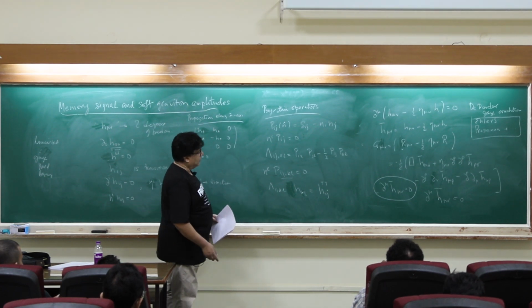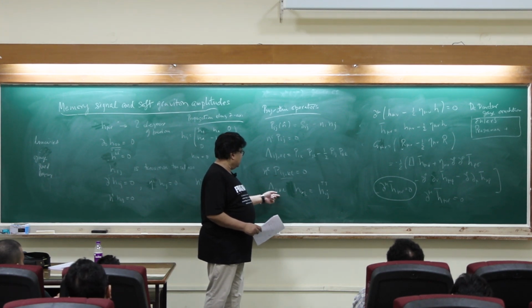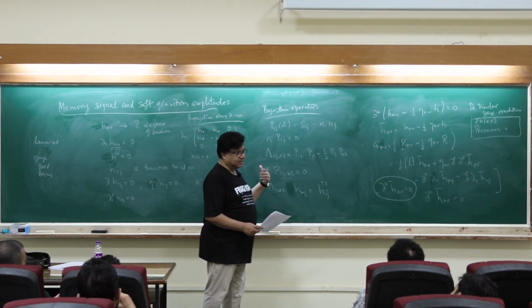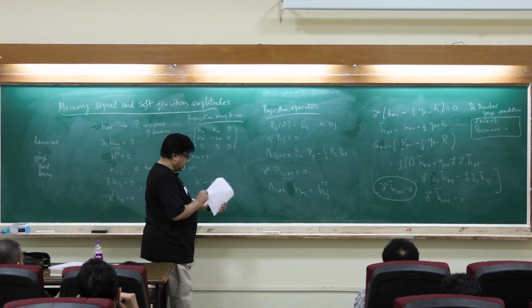So that's what we normally do: we calculate Hij and then put in a projection operator to get the transverse traceless component out of that.